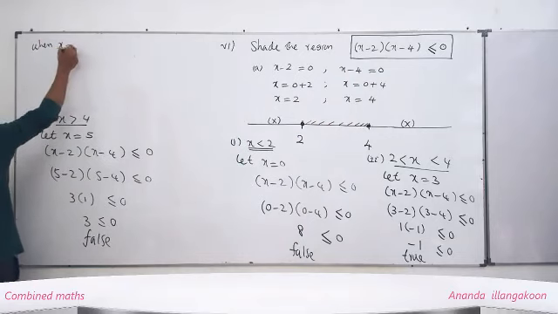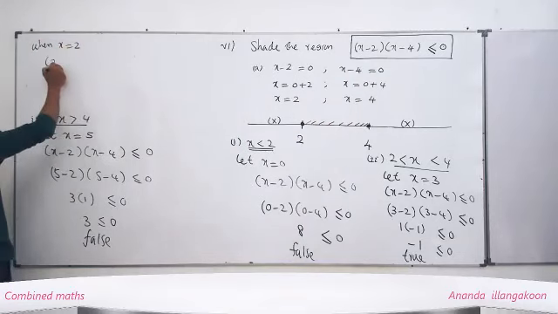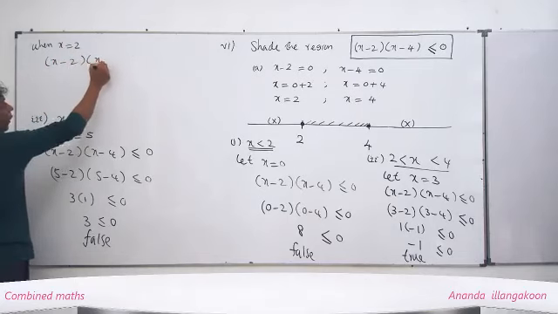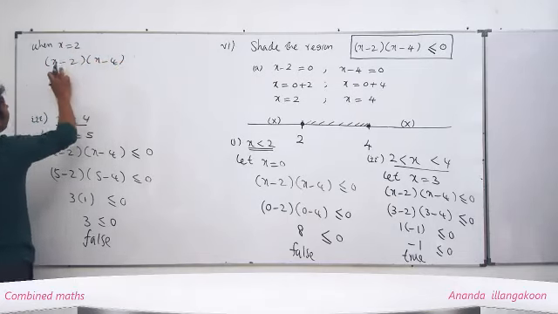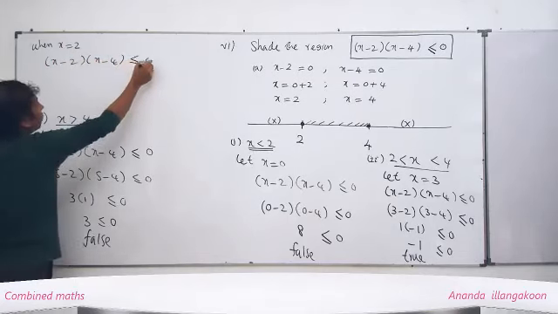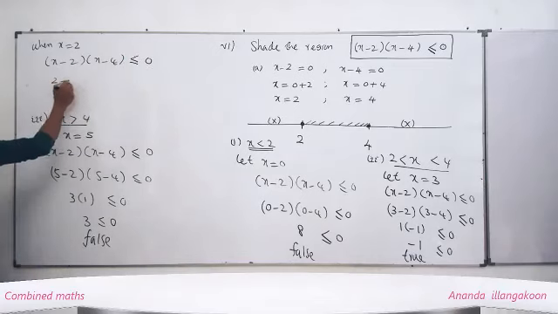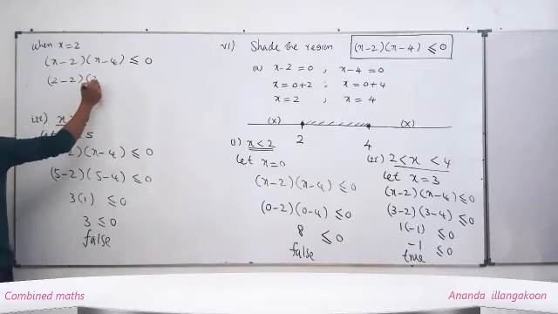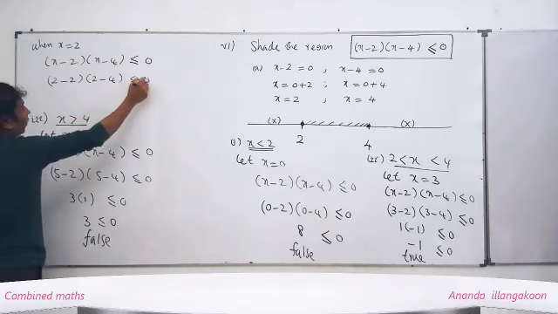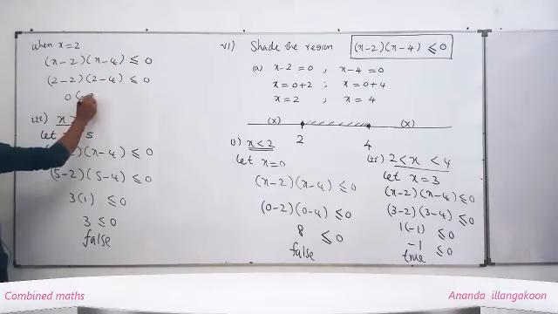X minus 2, x minus 4. 2 minus 2, 2 minus 4. This is 0, this is minus 2. 0 into minus 2 is 0.